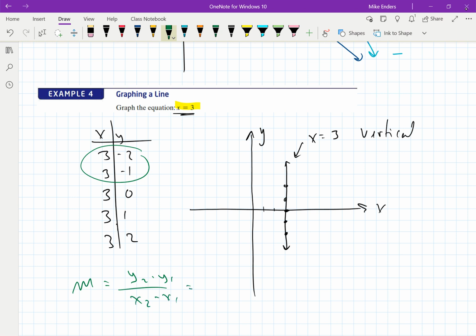My difference in my y's, let's see, negative 1 minus negative 2, over the difference in my x's. Well, the difference in my x's is 0. So it really doesn't matter what my y value is. But what that does for us is give us an undefined slope, and that will be a vertical line.